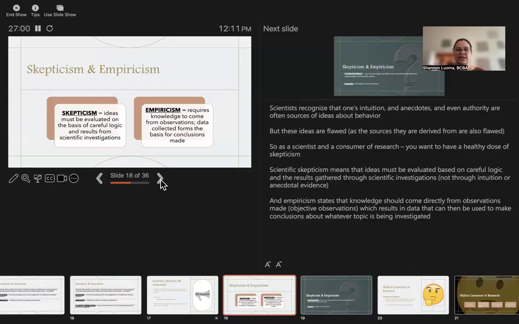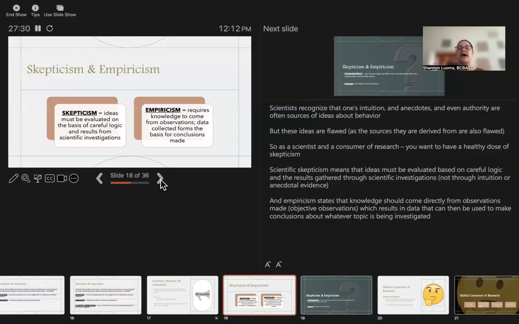Look at every idea that needs to be evaluated, and it should be evaluated based on careful logic and results from scientific investigations alone. We also have something called empiricism that states knowledge comes directly from observations made, objective observations of people's behavior. And this results in data that can be used to make conclusions about whatever topic it is that you're investigating. In our case, it's human behavior, right?